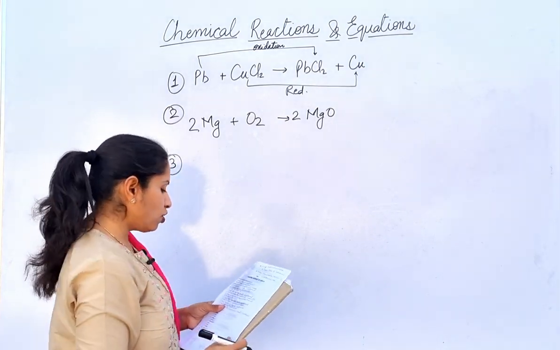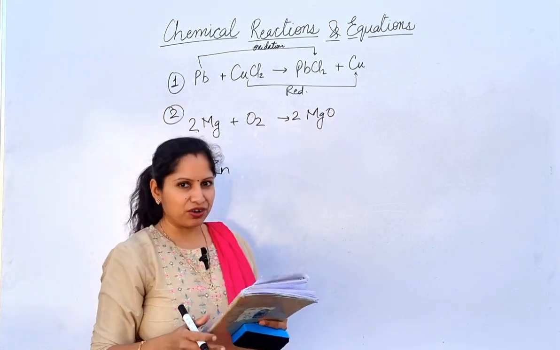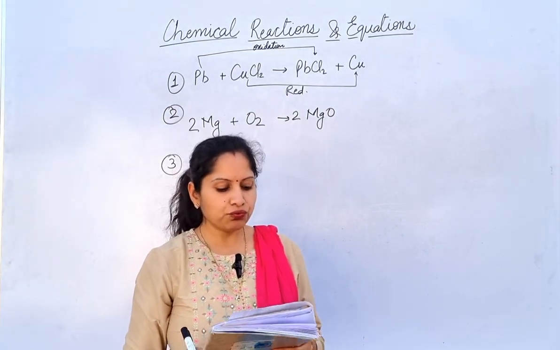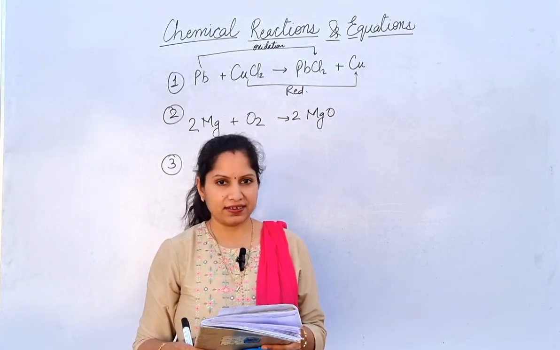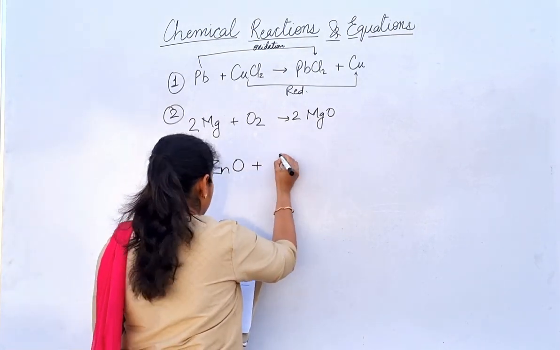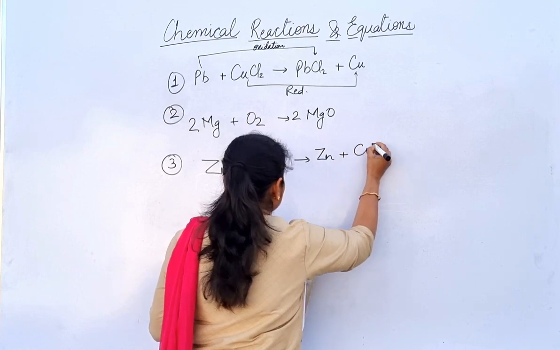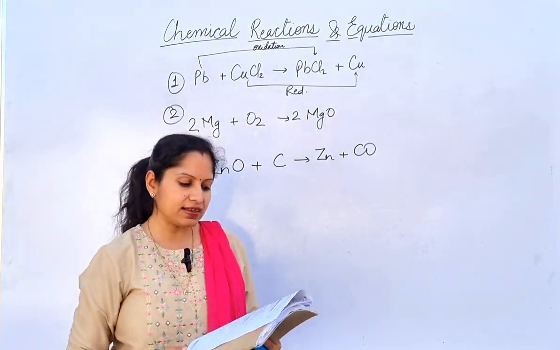Third one is zinc oxide plus carbon. I forgot. Zinc oxide combines with carbon to form zinc and carbon monoxide. Okay, work it out. Zinc oxide combines with carbon to form zinc plus carbon monoxide. It's already a balanced equation.